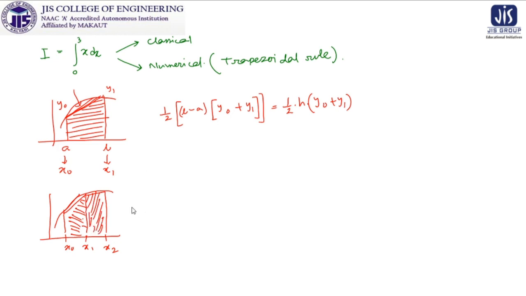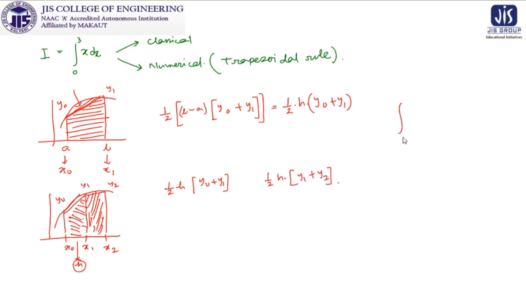If I want to calculate the area in these two cases, I get half into h, obviously the value of h is changed from the previous one, then y0 plus y1, and for the next case half h, y1 plus y2.